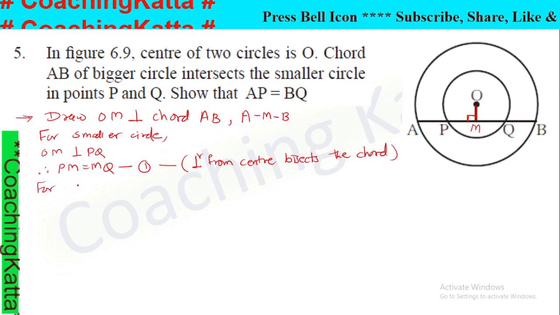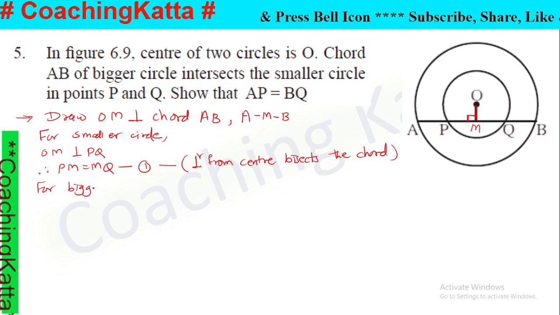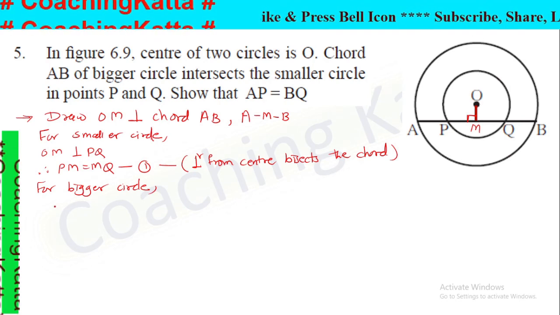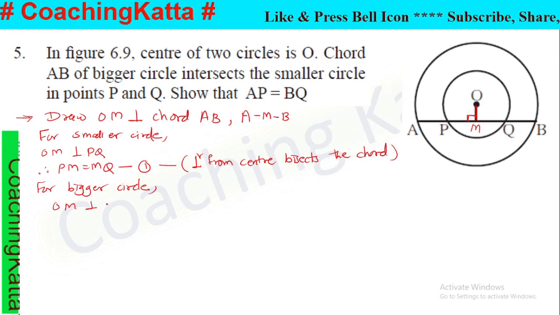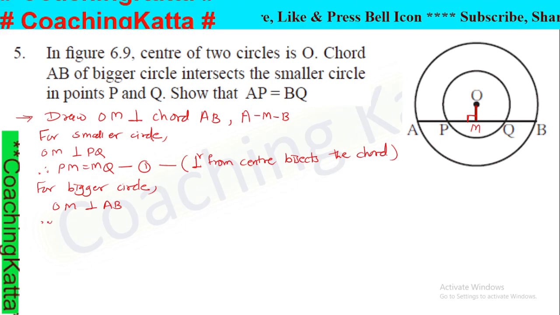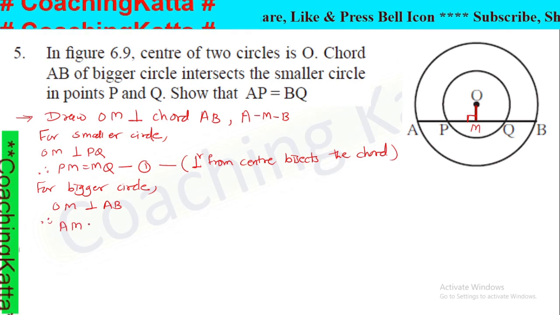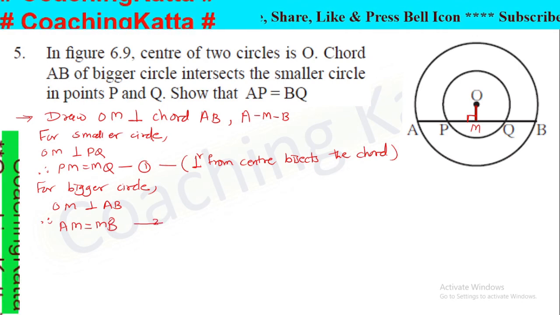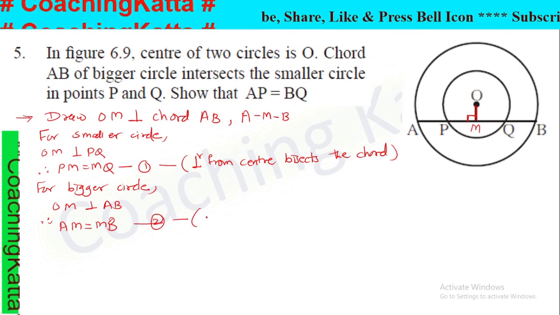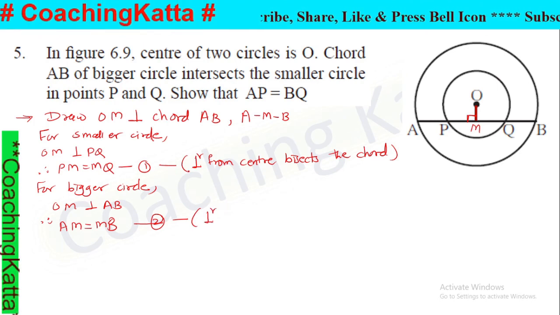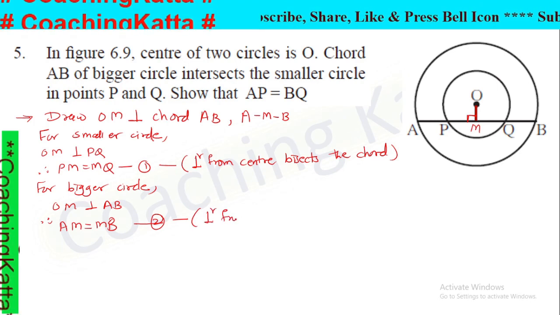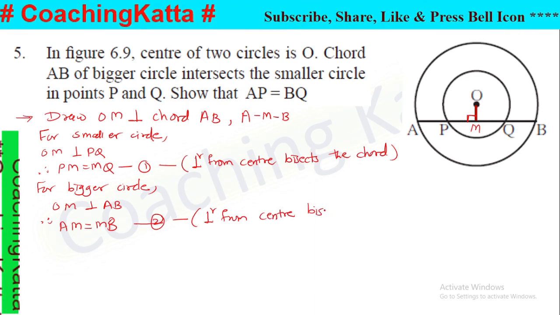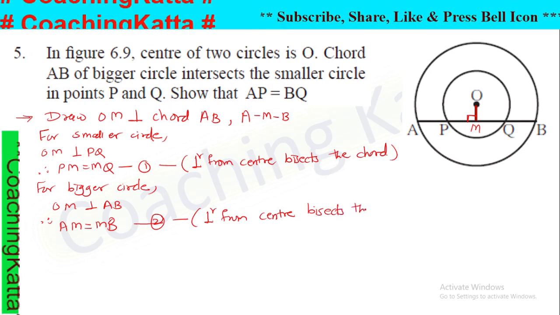For the bigger circle, OM is perpendicular to AB and therefore AM is equal to MB. This is the second equation, and the reason is the same as equation 1, that the perpendicular from the center bisects the chord.